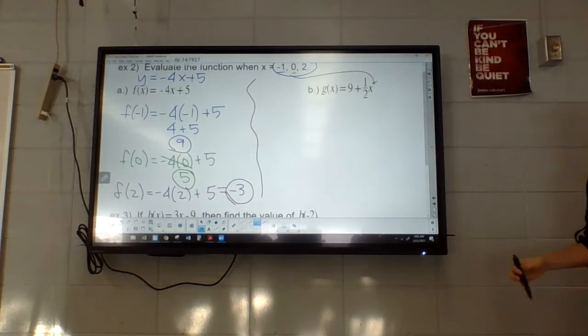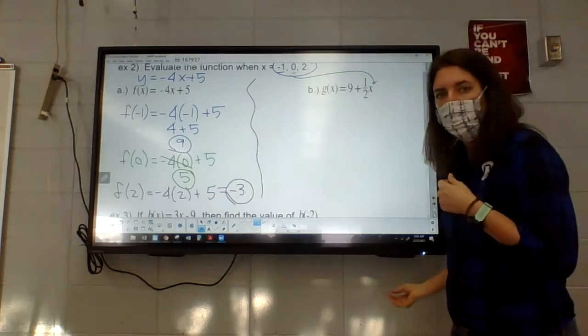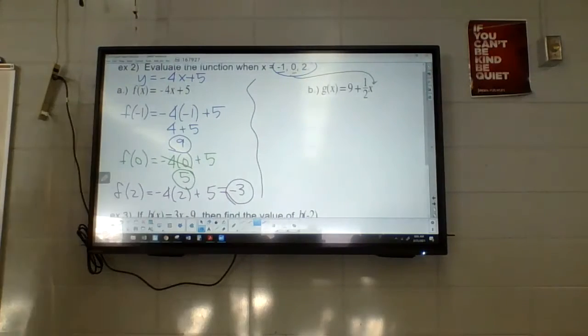So you're taking all of these and putting them in for x. Why don't you guys take a minute to try that. So put those values in for x if you haven't already. Now one of them will be a decimal. Don't let that freak you out, it's not a bad decimal.